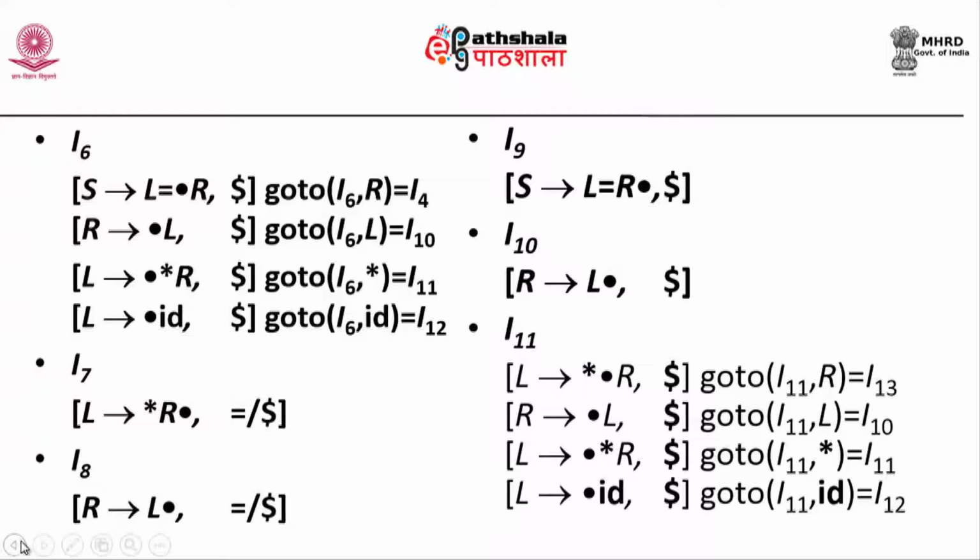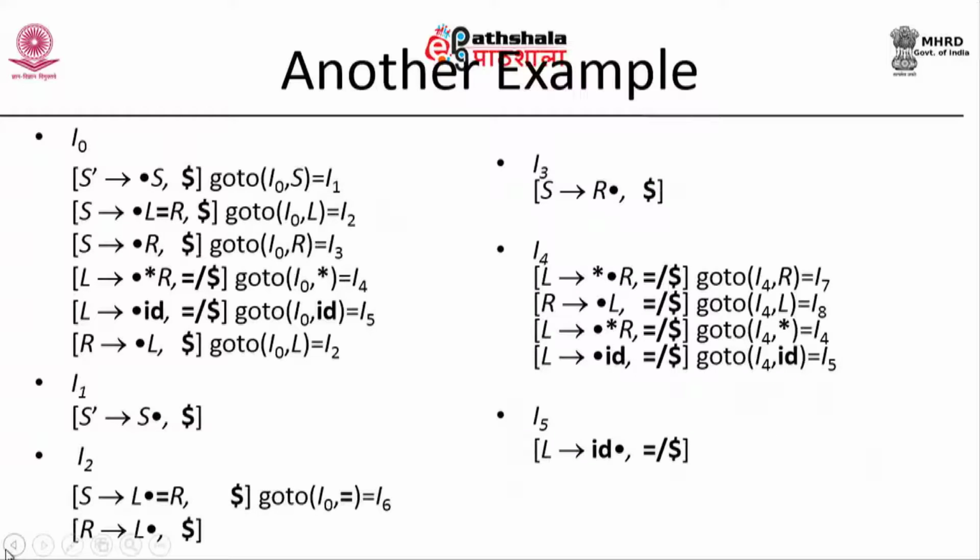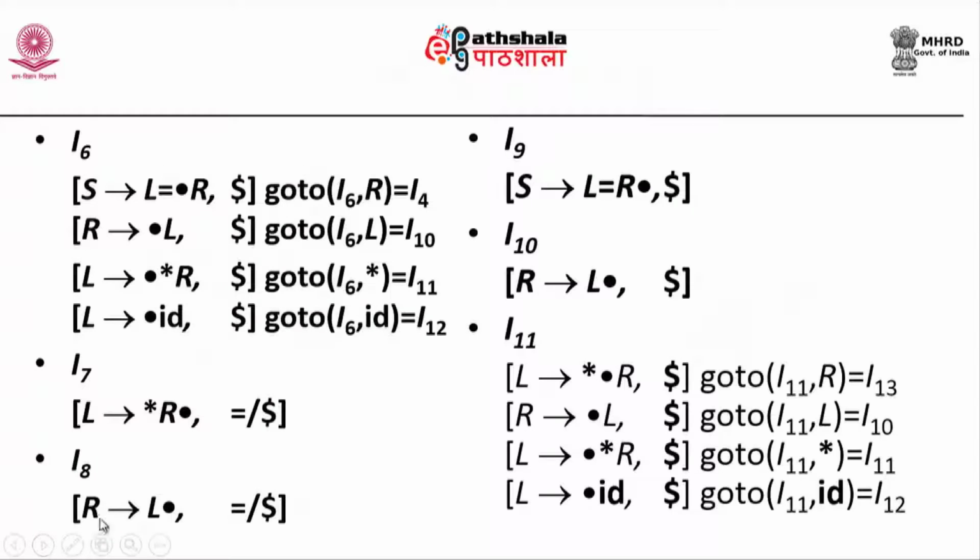Now I6 comma star is I11, what's the previous one? I4 comma star is I4, so it's different because this has got equal to slash dollar, that will have only a dollar. So here I6 comma star is I11, star dot R, so I have a sequence of items here which is just the same thing but with the dollar as the end marker.